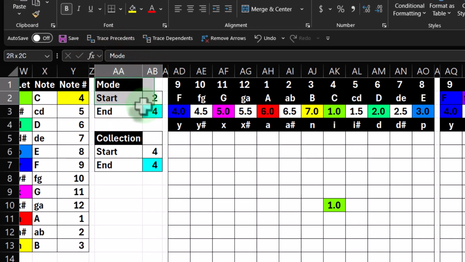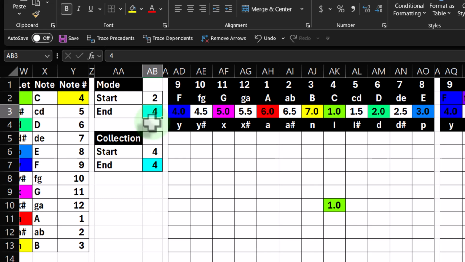And then I have the modal center. The modal center isn't as important if I'm just looking at the points. But if I want to measure from somewhere, I need to designate the modal center. So I need the modal center for this next piece so that I can then say, what's the distance from that modal center?